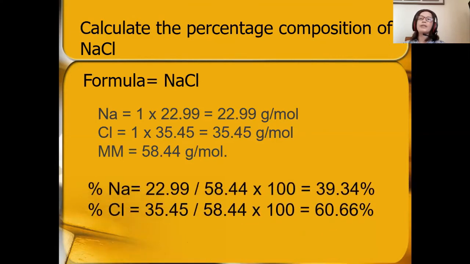So our percent composition for sodium and chlorine are 39.34% and 60.66%. Meaning to say, for every 1 mole of sodium chloride, this will be the percent composition of sodium and chlorine. And adding 39.34 and 60.66, we have 100%. Okay?